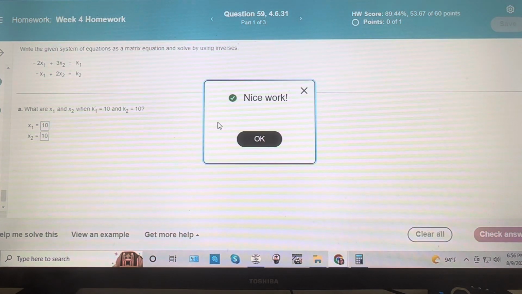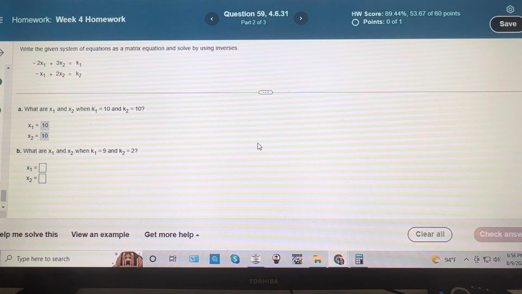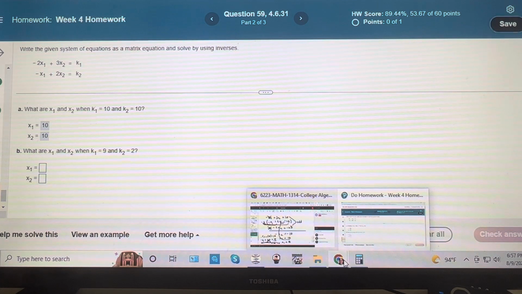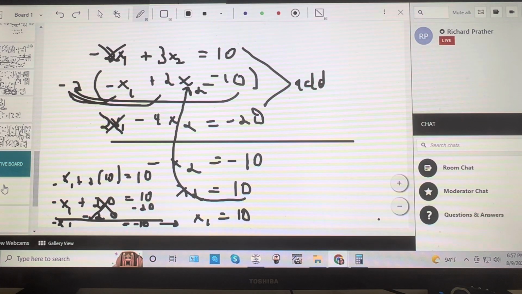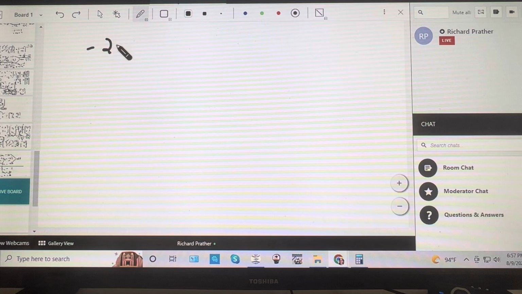So I just did that with a system instead of doing it the other way. See how they changed it now? Okay, so what if they were 9 and 2 instead of 10 and 10? Negative 2x, I don't think the answers are going to be 9 and 2, but let's see. Plus 3x2. What if this was 9? And see, this is where the system helps a lot, because if we did this the way they intended the problem, this would take like 20 minutes.